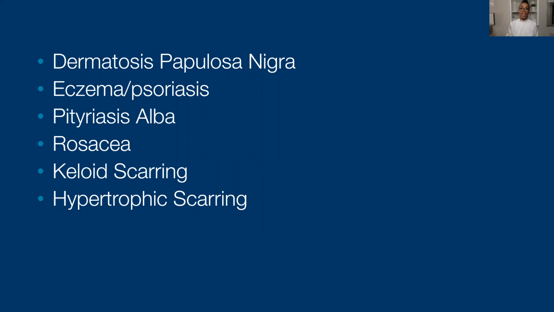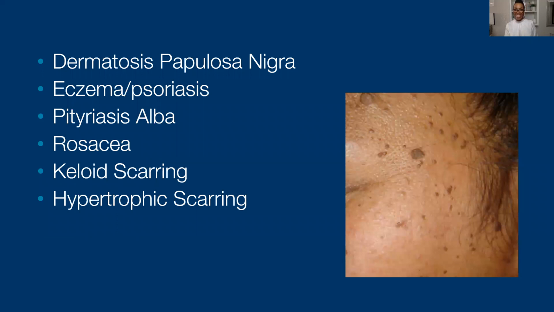The first one I'm going to highlight is a very common one. About 1/3 of the melanin-rich community has this condition. You've seen it, and it's called dermatosis papulosa nigra. Very common, benign growth, and it comes with age. It comes with exposure to light, to sun, and it is a blended kind of growth tag, not to be confused with the regular skin tags, but more of a glob or mound of growth of the skin on top of the skin.